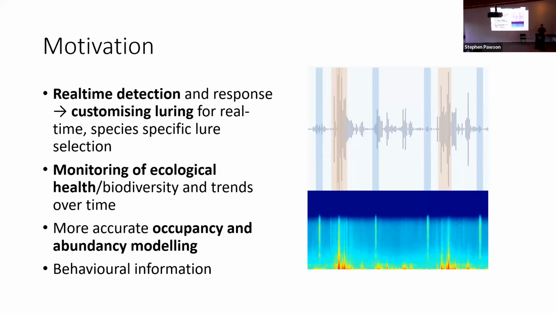So using these techniques to determine if the animal is present, and if so, in what abundance, as well as behavioral information. As I mentioned, when I started my research, there just wasn't data available on these species. So the more data that becomes available, the more we can learn about different vocalization types, and what it means for the animal's behavior.